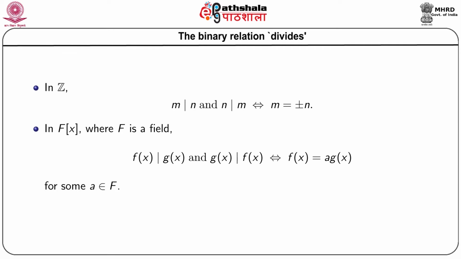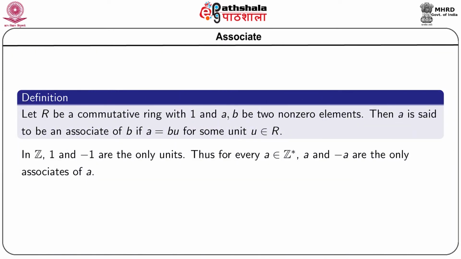From this we have the notion of associate. In a commutative ring, two non-zero elements a and b are said to be associates of each other if either of them is a unit multiple of the other.